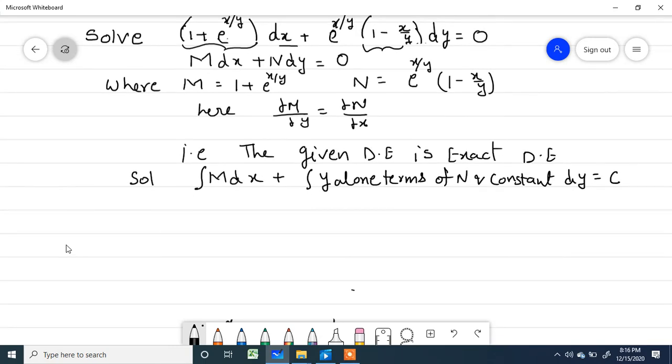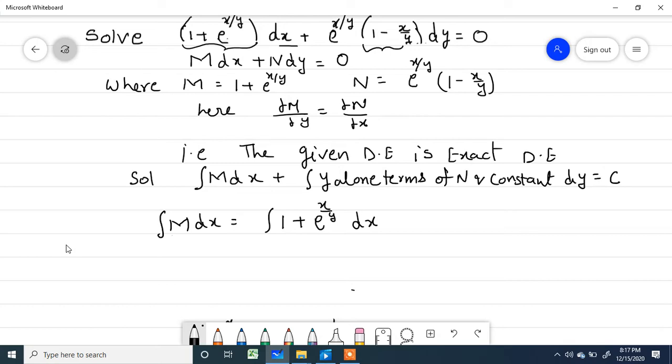Okay, so first let us find integral m dx, that is integral m means 1 plus e power x by y dx. So here integral m dx means integrating m with respect to x, considering y as a constant.